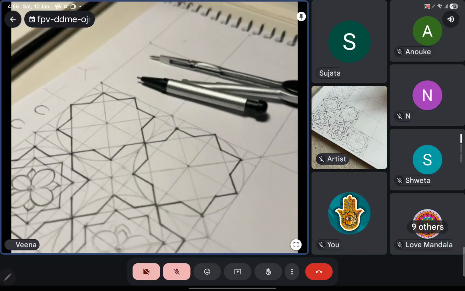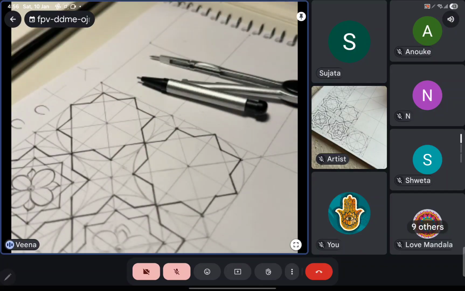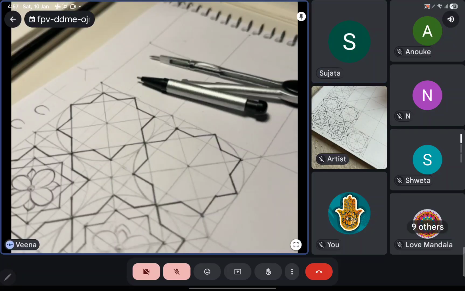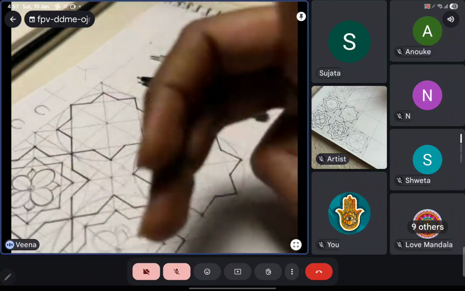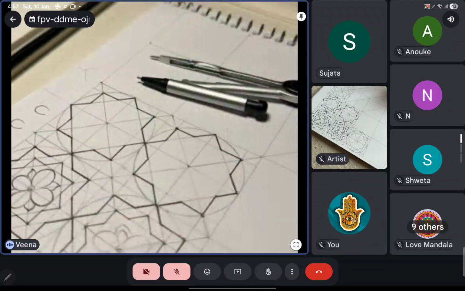Yes, you can keep alternating the flowers as per your choice, both horizontally and vertically. The way you want to compose and complete is your wish. If you want, you can make this same flower like this and continue, alternating here. You can keep the same here and alternate here. That composition and creativity you can do as per your wish.